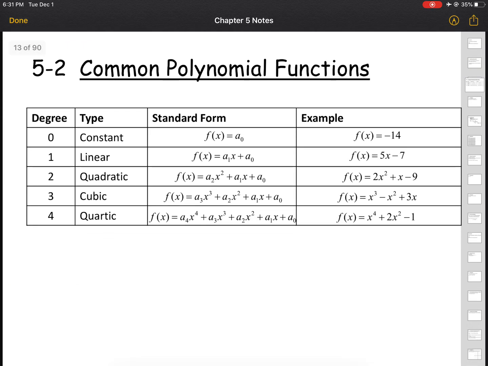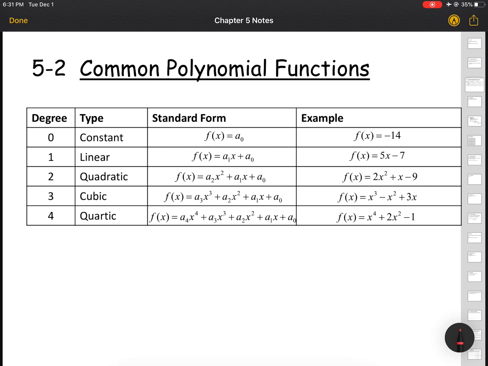So here are the common types of polynomial functions. In the first few chapters, like chapter 2 and chapter 4 that we just got done doing, we did linear equations, so lines, and then quadratics, which are the parabolas. So now we're going to get into bigger degree polynomials, like the cubic functions and the quartic functions, okay?